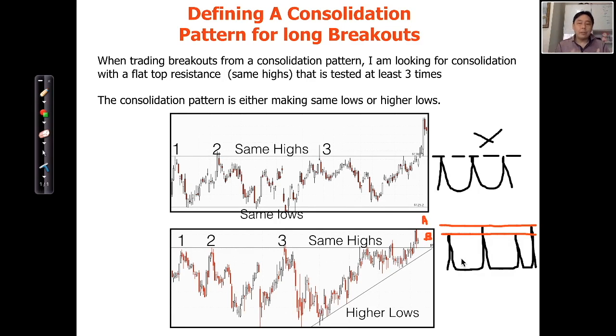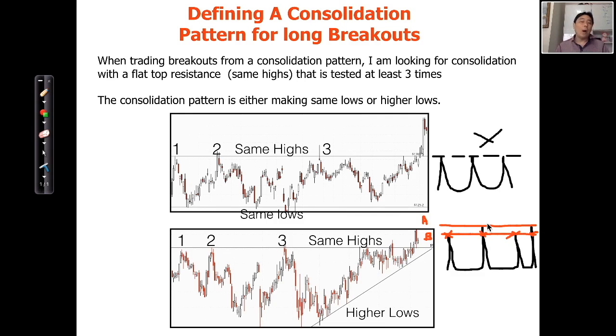My personal preference is to draw it at line B, not line A. Why? Because line B is more significant because it was touched more times. You can see line B was touched once, twice, 3 times, and 4 times. So to me, B is a stronger resistance.